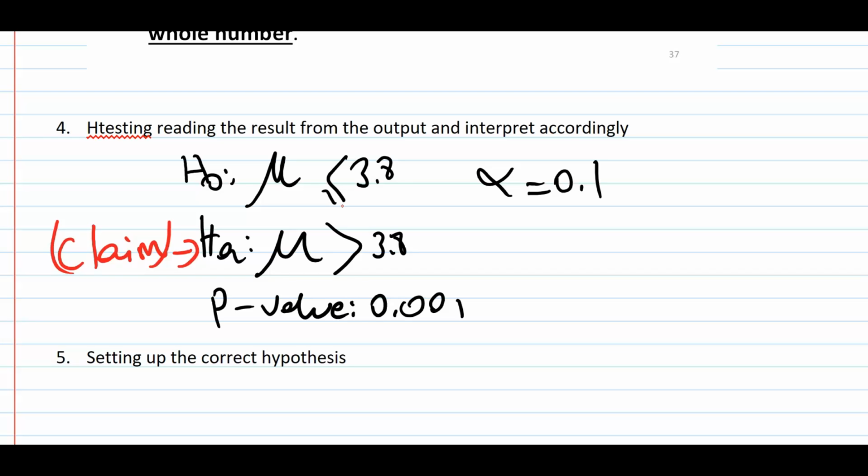This is the p-value, so what would be the result? We would reject the null, and we would say that we have enough evidence to support the claim. So the decision is reject; interpreting is going back to the context. When you're interpreting the results, it is important where your claim is located.